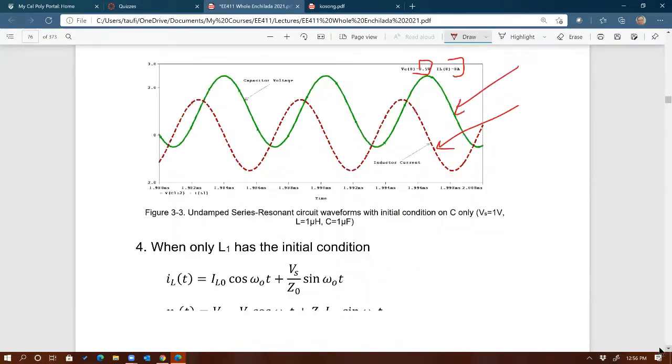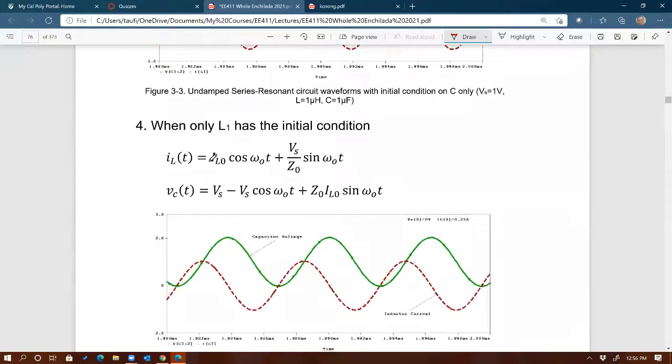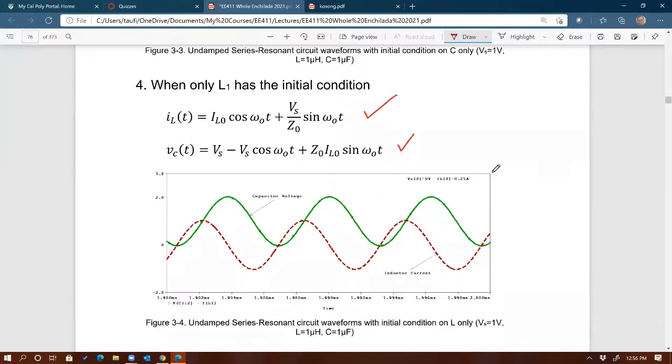And then lastly, the last combination, what is it? Only L has the initial condition and C doesn't have any initial condition. So you can see you still end up with sine wave functions. Pretty cool. So you get a sine wave for both capacitor voltage and inductor current with this condition right there.